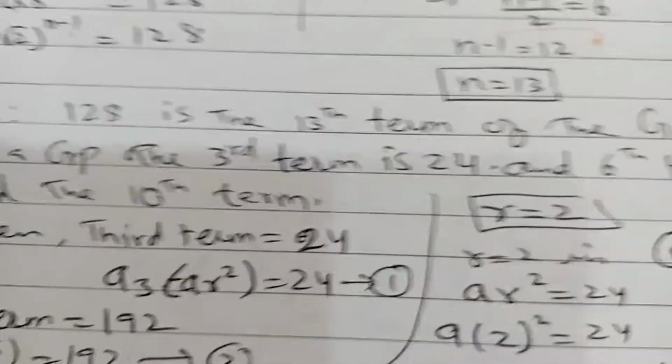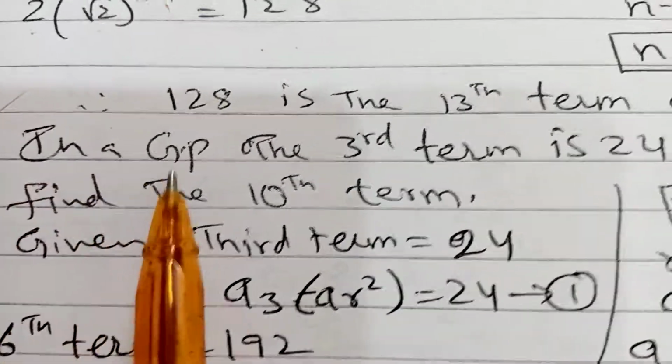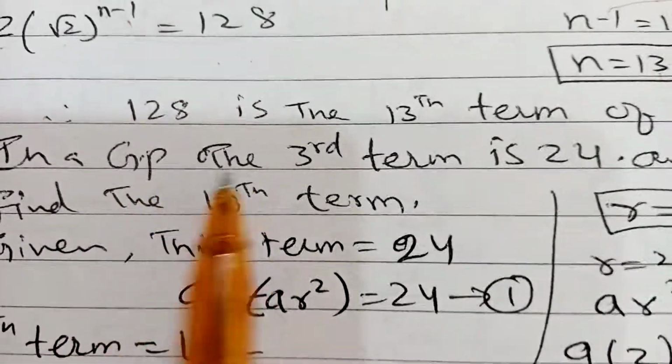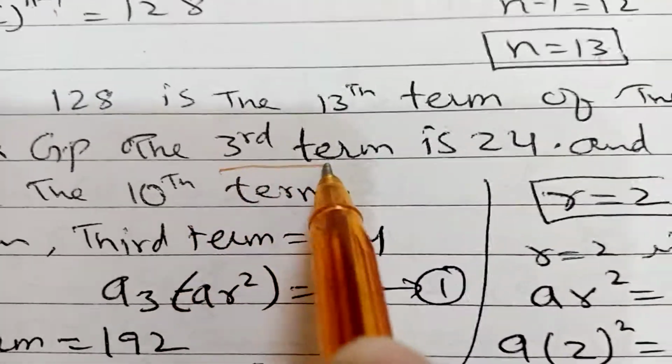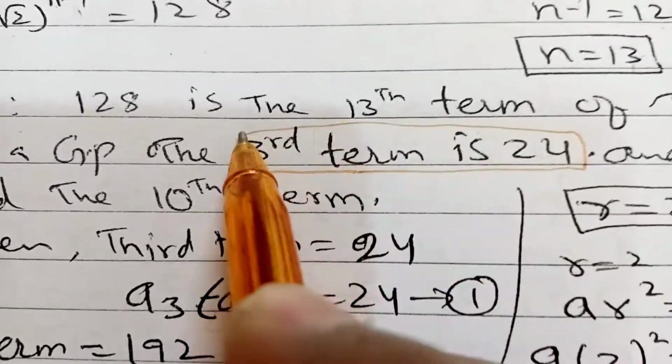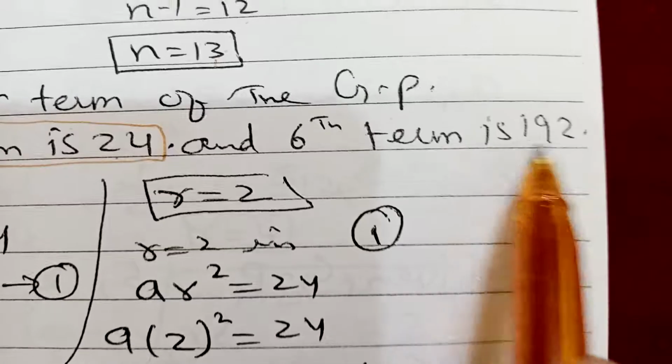Okay. Next question. In a GP, geometric progression, the third term is 24. T3 is equal to 24, and the sixth term is 192.